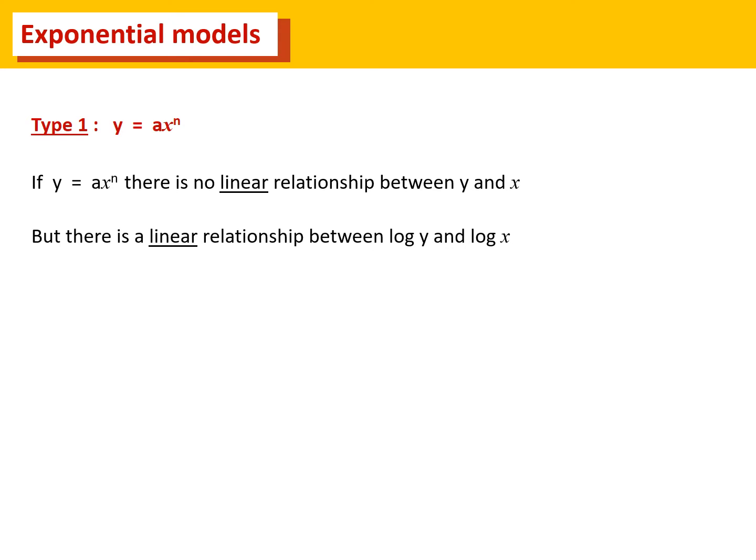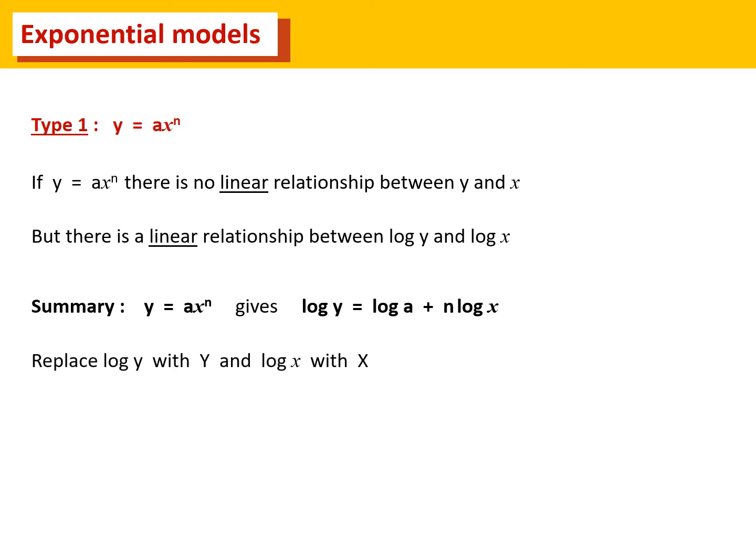So just to recap, y equals ax to the n is our original non-straight line relationship. But if we take logs of both sides, there is a straight line relationship between log y and log x. Okay, so our original expression is this. We take logs of both sides and rearrange it to this.